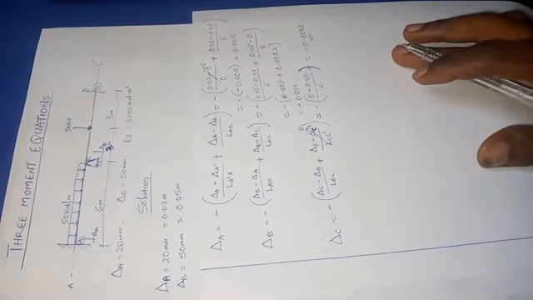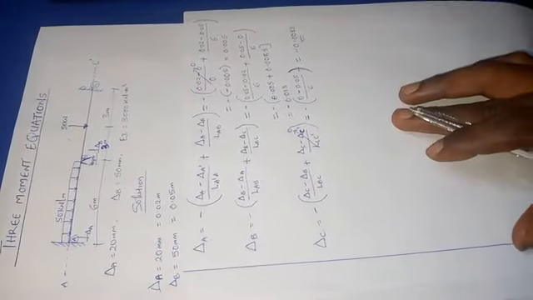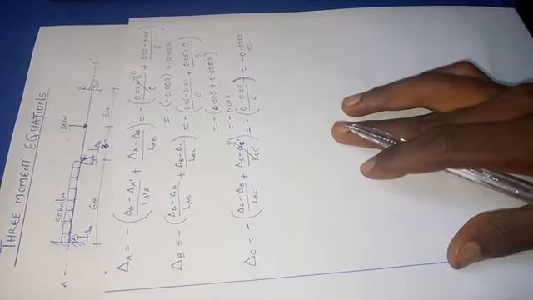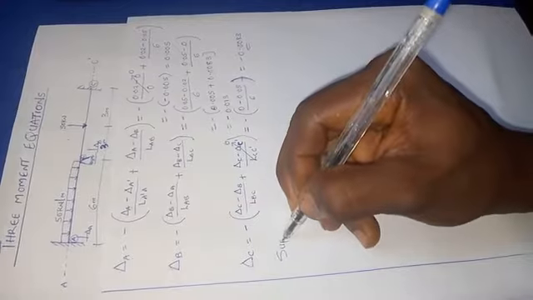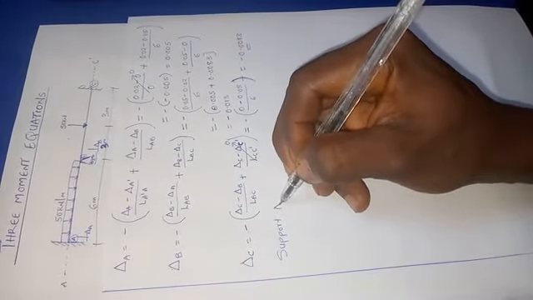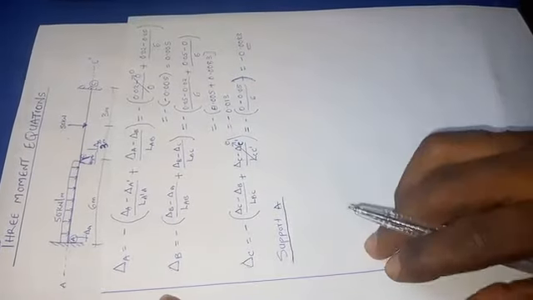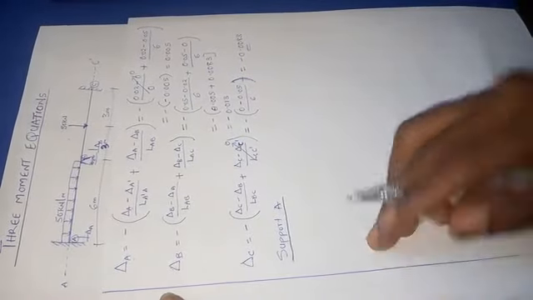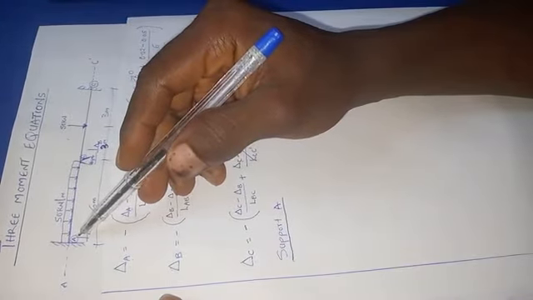So the next thing I have to do here is to generate my 3-moment equations. I'm only generating my 3-moment equation at supports that I know there are going to be moments. At A, I'm definitely going to have a moment because a fixed support has moment.